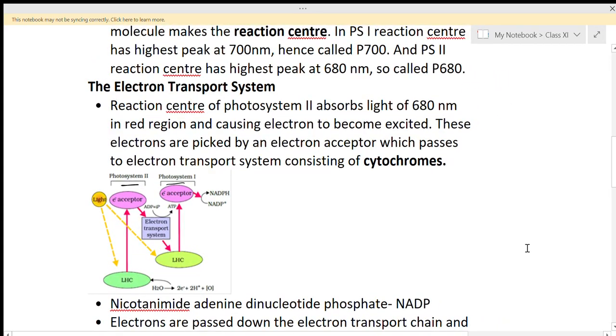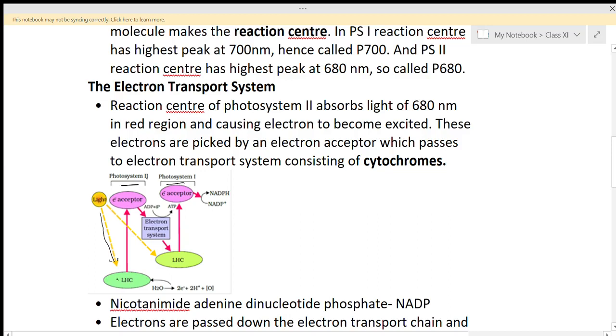The reaction center of photosystem 2 absorbs light of 680 nm in the red region. We can say this light is absorbed by this photosystem 2, this light harvesting complex. Light is absorbed by this complex, and this is in the red region.